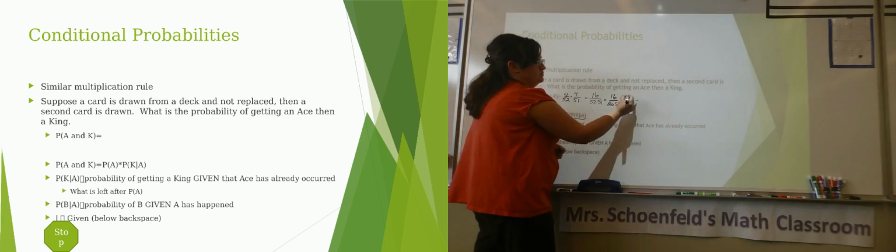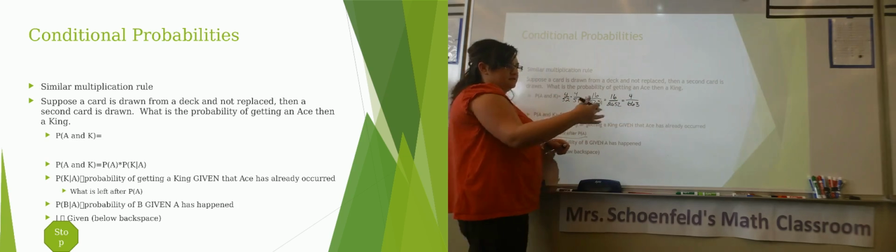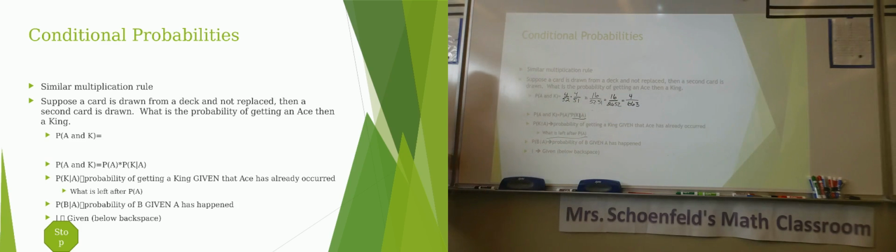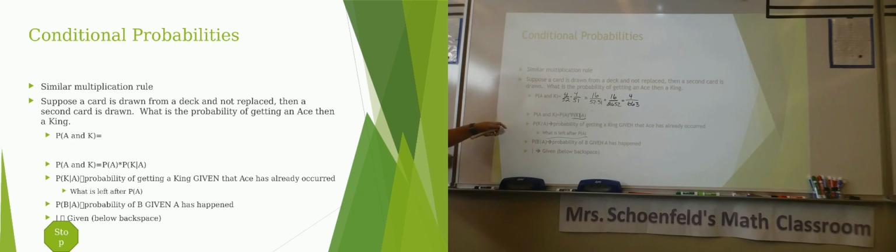Four over 663. Okay, so that's just as reduced as it possibly goes. Depending on what it's wanting, this would be okay. You can also do it not as a fraction. They might not want everything as a fraction.